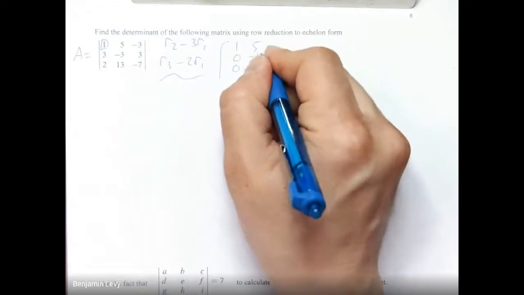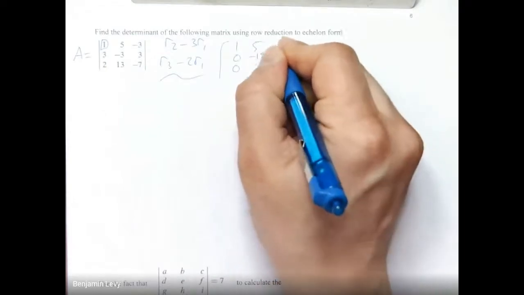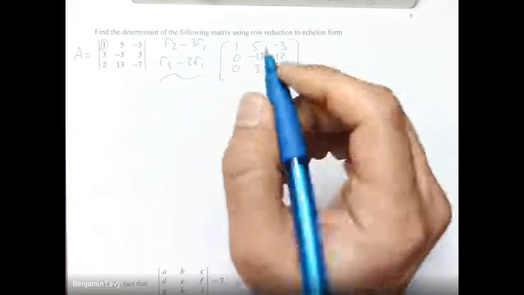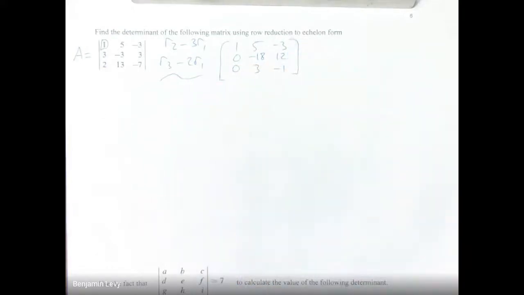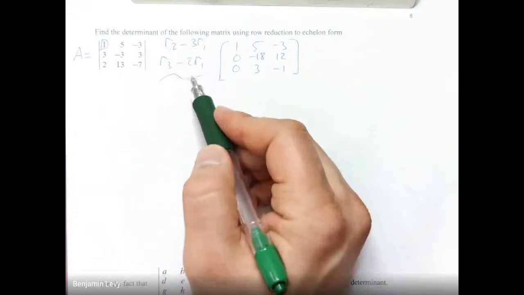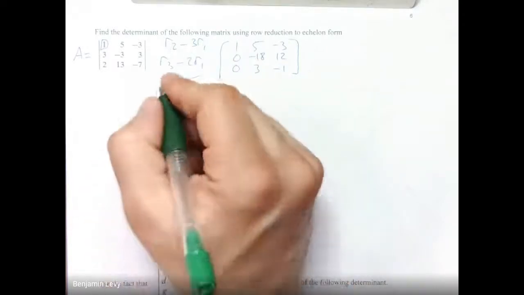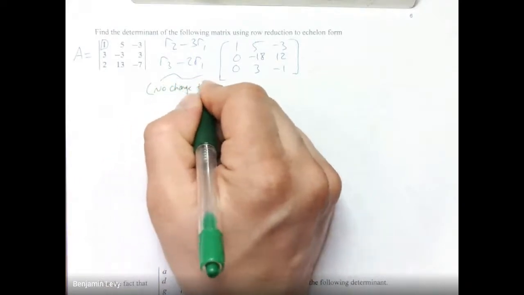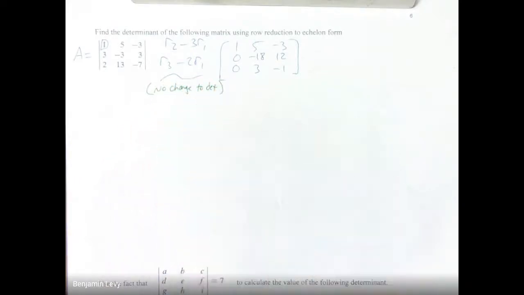And then the matrix turns into this in the other locations. And since we just added or subtracted multiples of one row with another row, we don't change the determinant. So no change to the determinant by part A of the previous page.